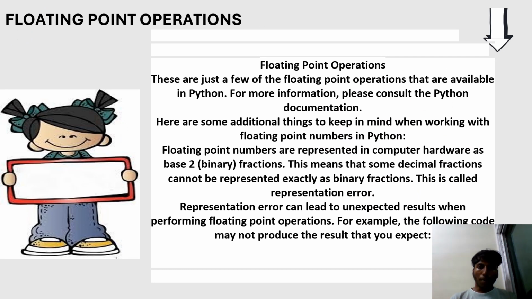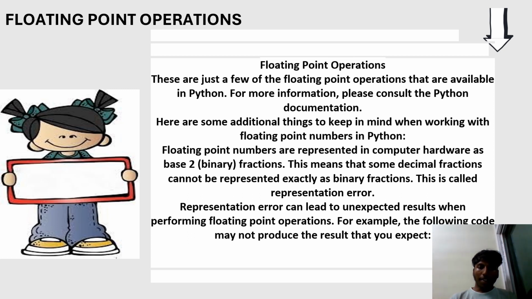Now, floating point operations. These are just a few floating point operations that are available in Python. For more information, consider the Python documentation. Here are some additional things to keep in mind when working with floating point numbers in Python.